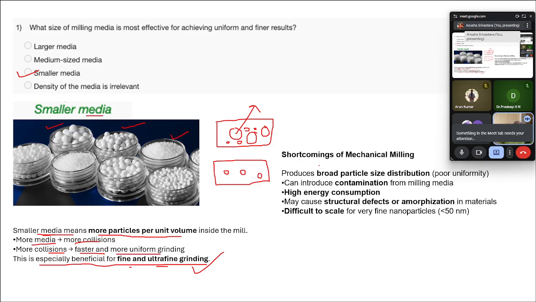Now, what are some of the shortcomings of this mechanical milling technique? One of them is that it produces broad particle size distribution and poor uniformity. Let us understand what particle size distribution means. Whenever we are talking about nanoparticles through any technique, some of the techniques are very precise. We'll study the synthesis of nanoparticles by ultrasonic atomizer.